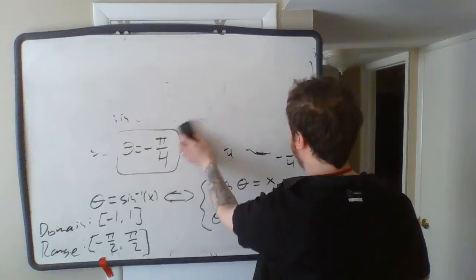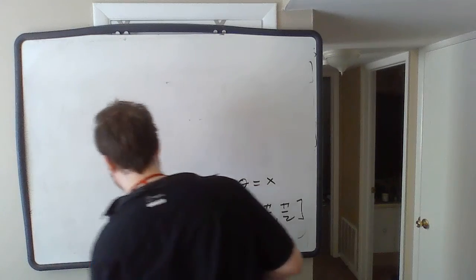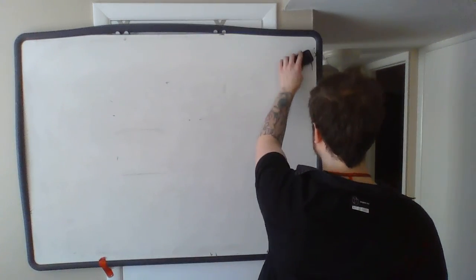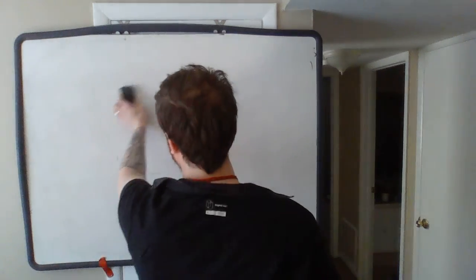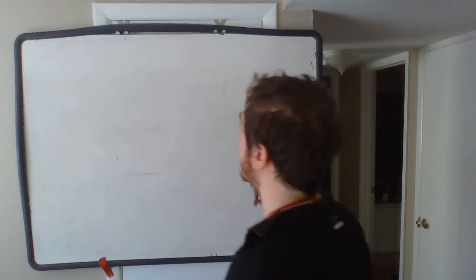Okay, so let's take a look at the inverse cosine now. The inverse cosine is not too bad to do. I mean, it's kind of the same idea. We want to come up with a restricted domain.